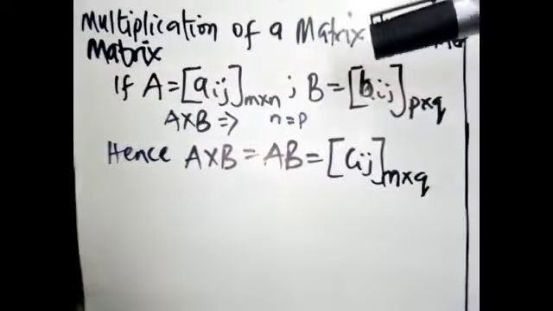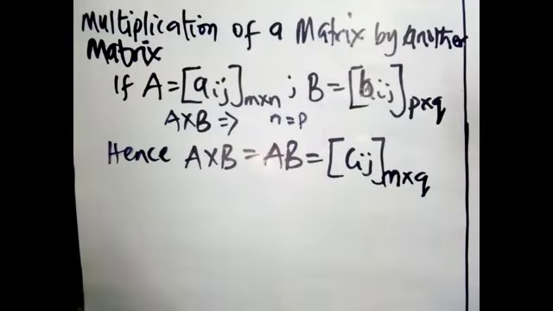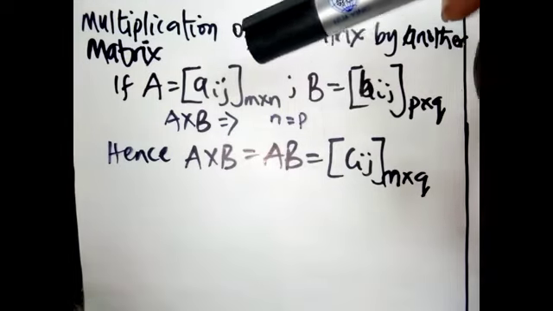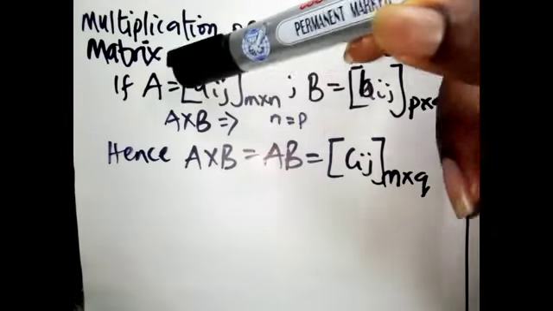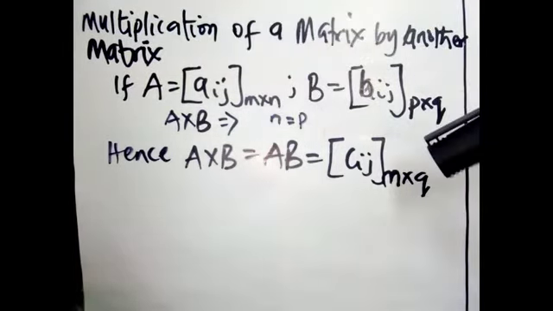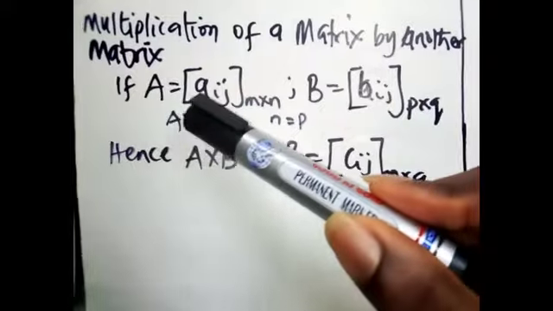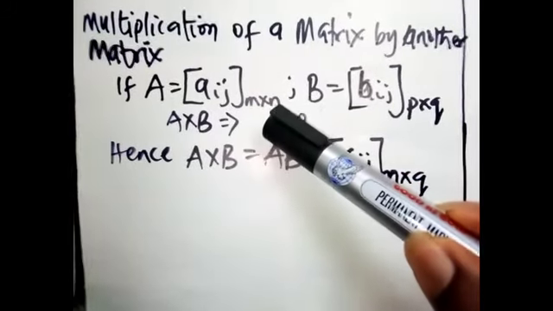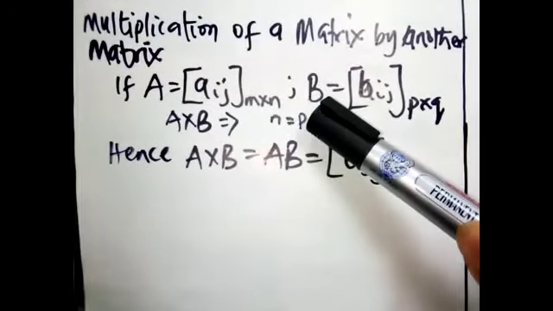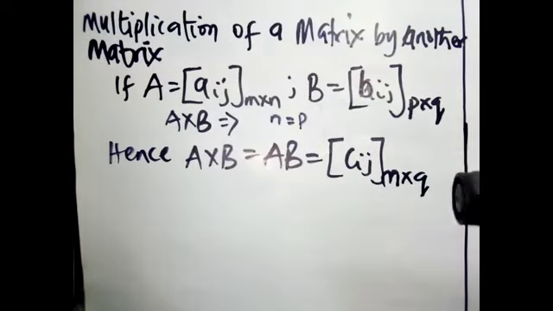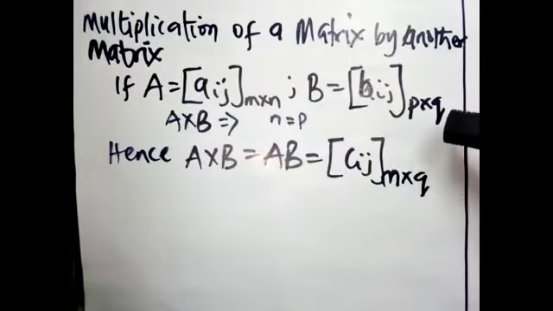That is to say, for A and B to be conformable for multiplication, then N must be equal to P. Hence, a new matrix will be formed whose dimension will be M by Q.